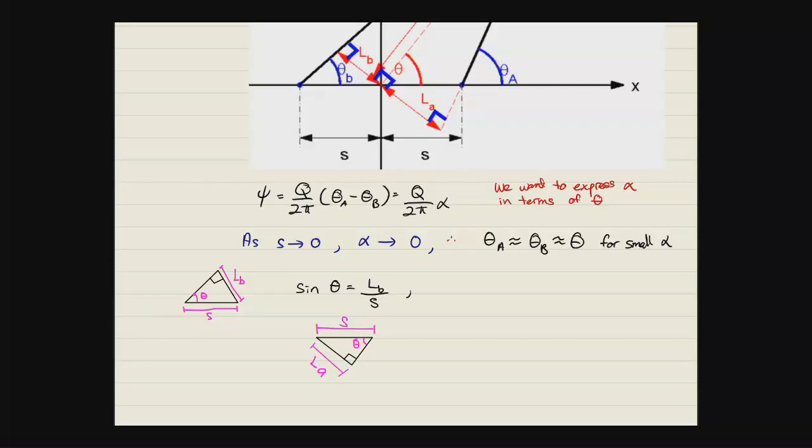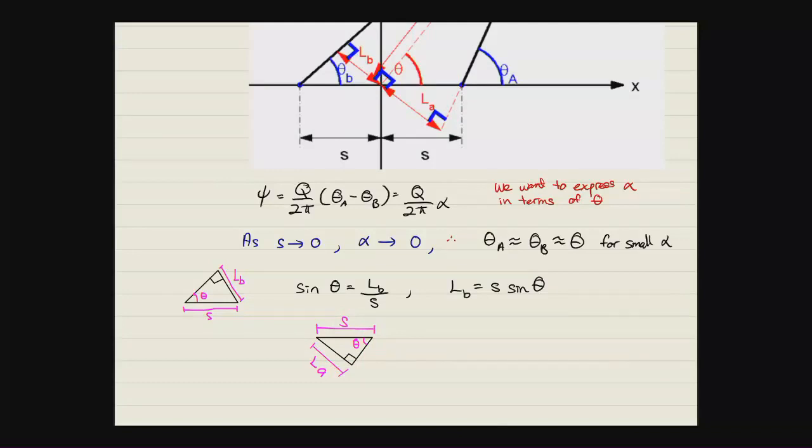Okay, so therefore LB is just going to be equal to S sine theta. Just bear with me for a moment. You'll see why this is important later on. Right, and this region here is also another triangle, which I've drawn as such.